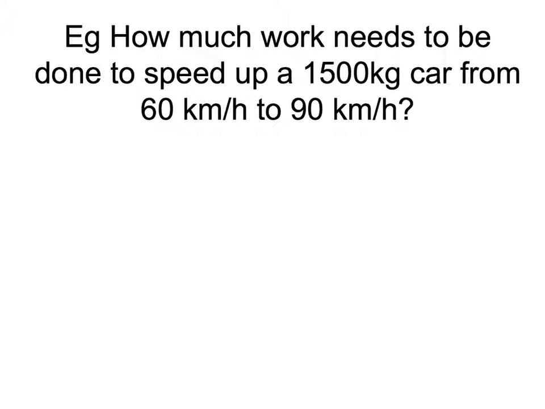Because remember, the velocity is squared, so 90 squared minus 60 squared is not the same as 30 squared. Because you're squaring it, you have to find both. So if you want to find the change in energy, remember that's the final energy, E2, minus the initial, which is E1.